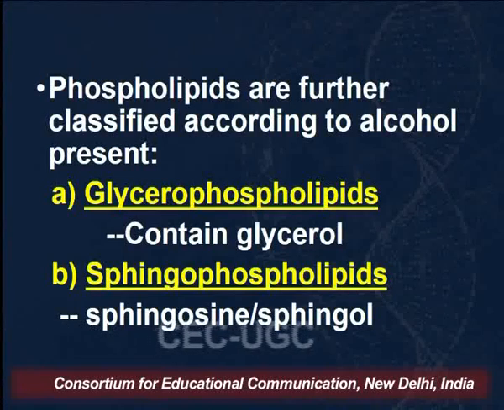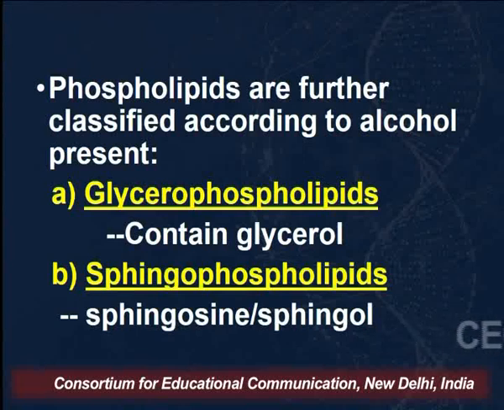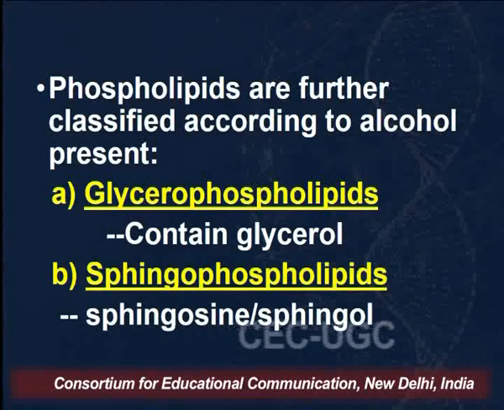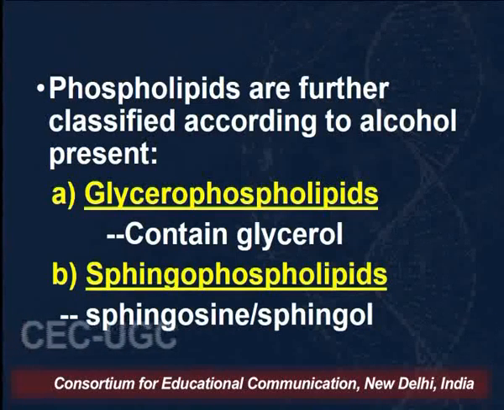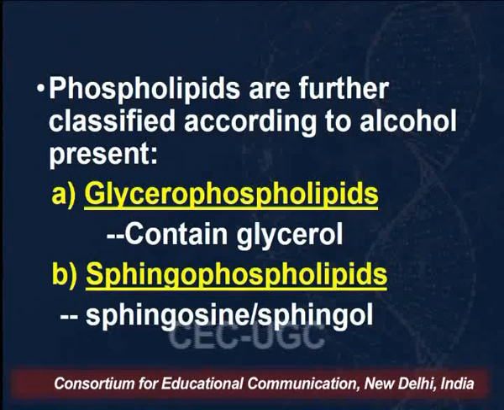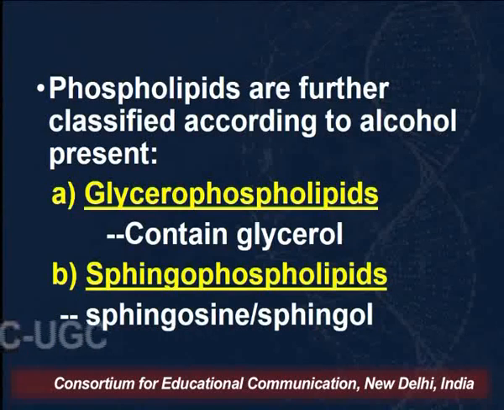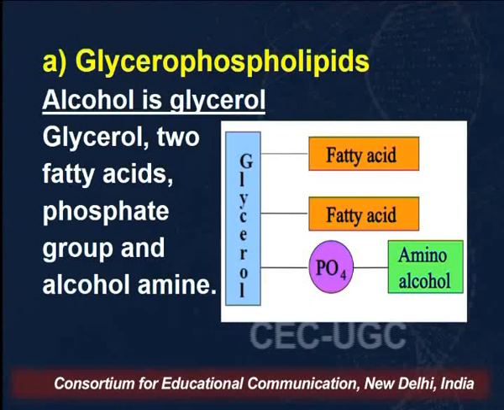They can differ in the alcohol, which may be glycerol or sphingosine, and depending on the alcohol they are known as glycerophospholipids or sphingophospholipids. If the alcohol is glycerol, they are known as glycerophospholipids, and if the alcohol is sphingosine, they are known as sphingophospholipids.